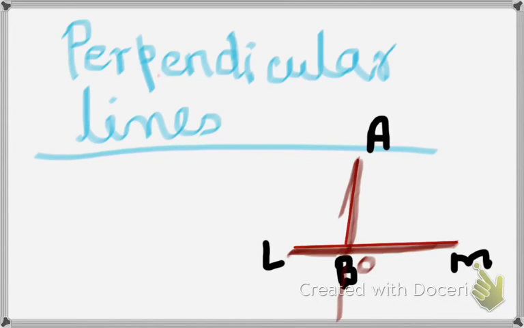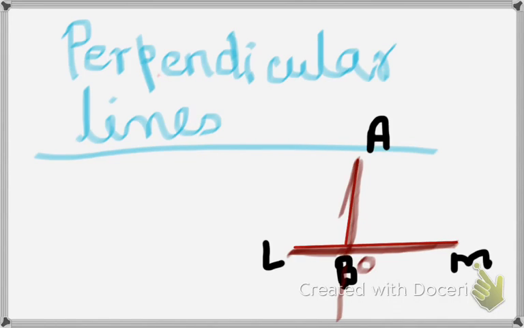What kind of angle are they making? Less than 90 degrees. They are not making an angle of 90 degrees. They are making an acute angle. AB is making an acute angle.